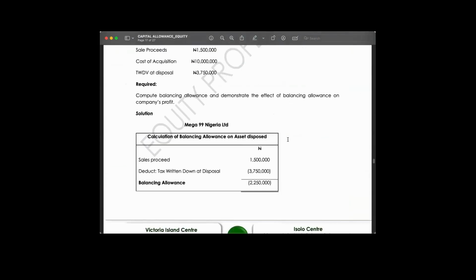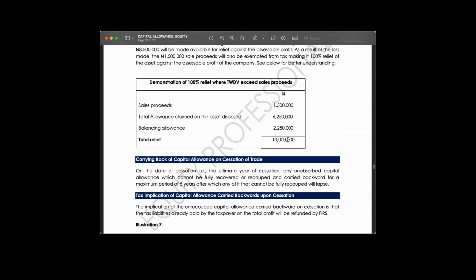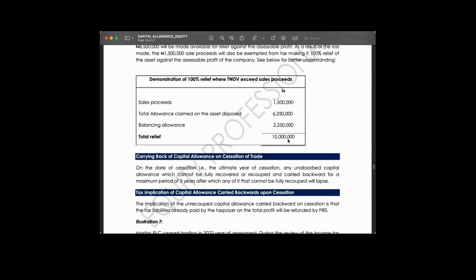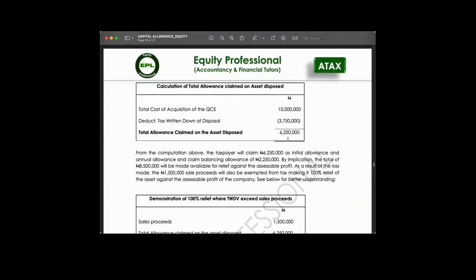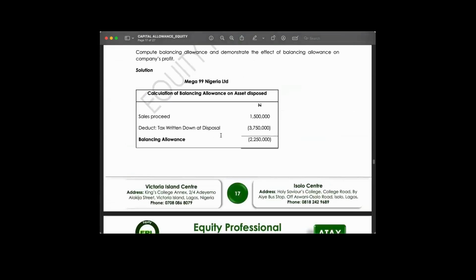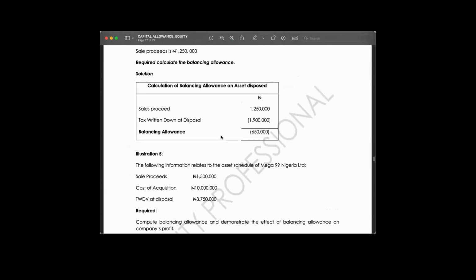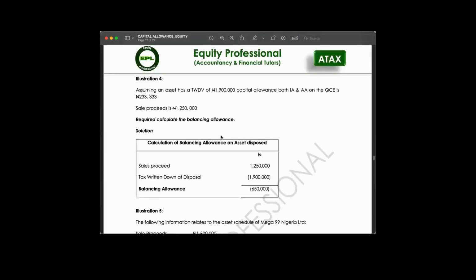Okay, this is where it is different. The next one is balancing allowance. Balancing allowance arises when your sales proceeds are less than your tax written down value at disposal.